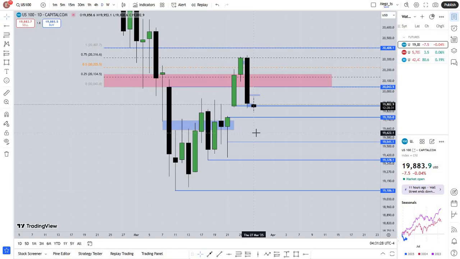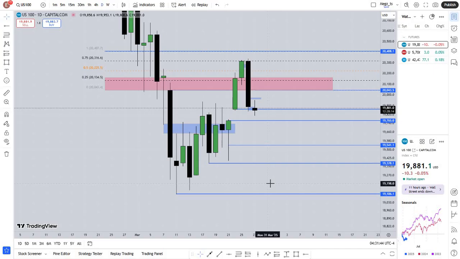So it goes to balance and imbalance, or goes to take liquidity. That's all it does. If you add time and seasonality to it, then you get a clearer view of it. So price runs to inefficiencies and liquidities.